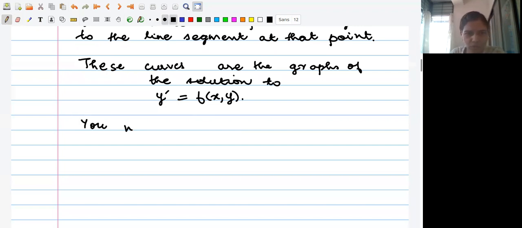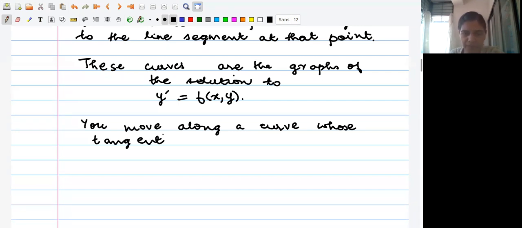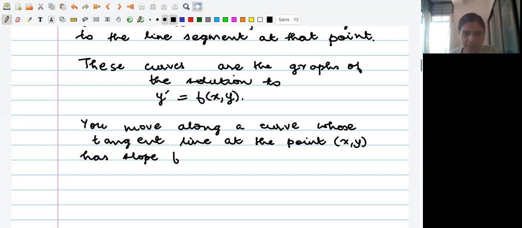So you move along a curve whose tangent line at the point (x, y) has slope given by dy/dx.